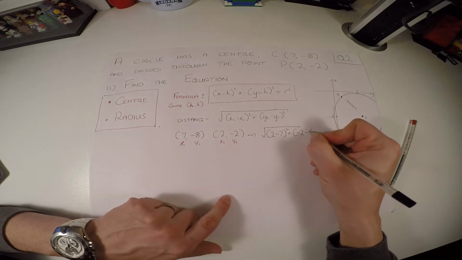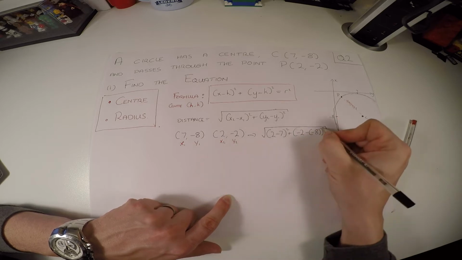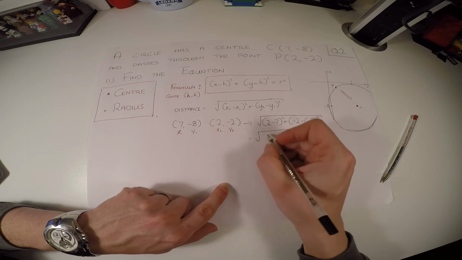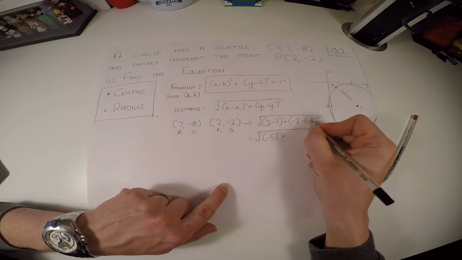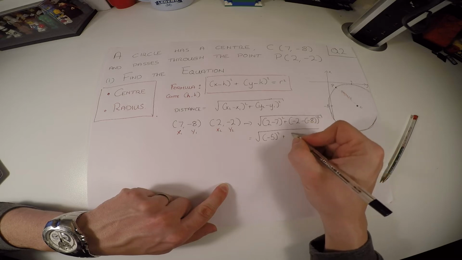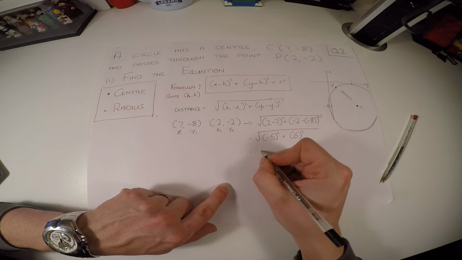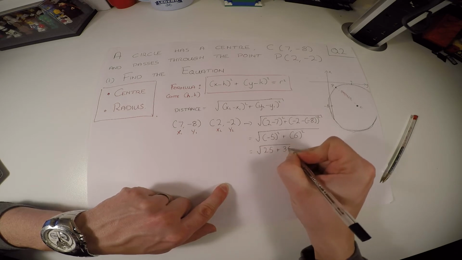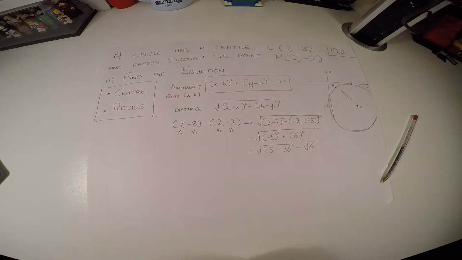So the minus by a minus, using brackets is going to help us here, also squared. What's that going to give us? It's the square root of (2 minus 7, that's -5) squared, plus (-2 plus 8, so that's +6) squared. So -5 squared is 25, and 6 squared is 36. That turns out to be the square root of 61.